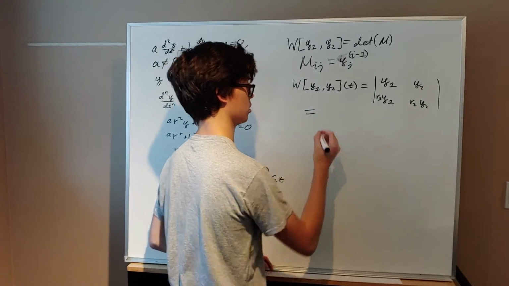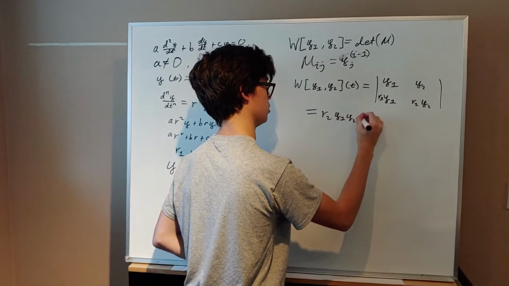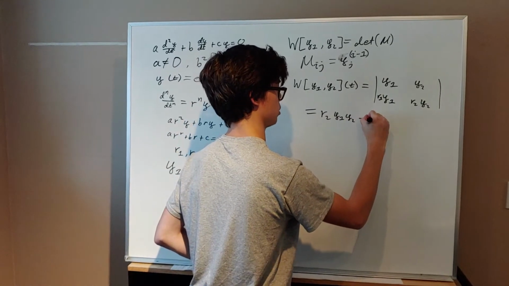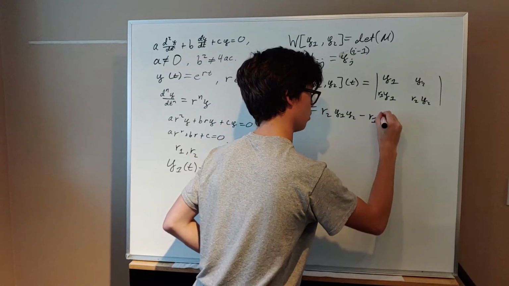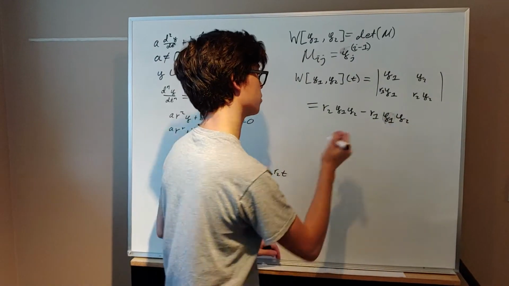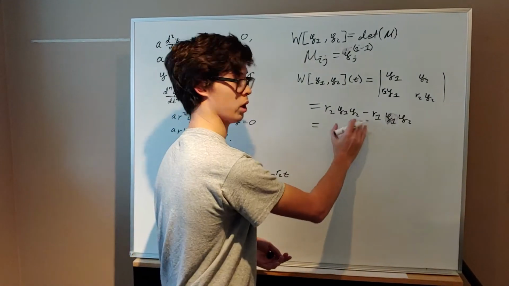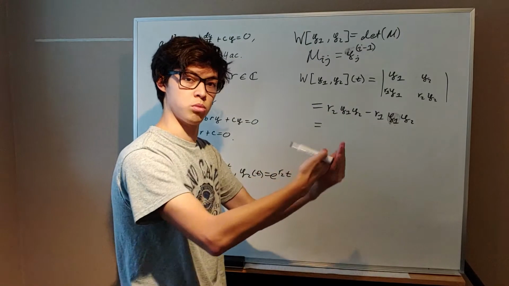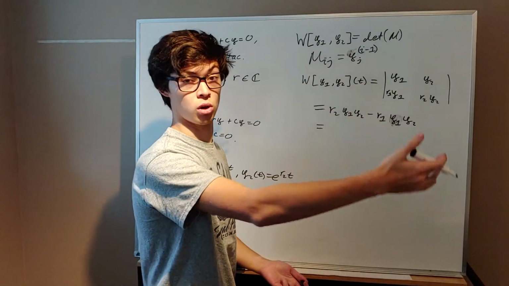This gives us r2 y1 y2 minus r1 y1 y2, which is, when we plug things in, y1 times y2 is going to be the product of the exponentials, so it's going to be e to the (r1 plus r2)t.